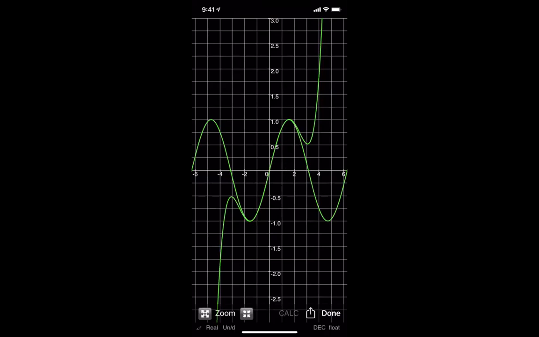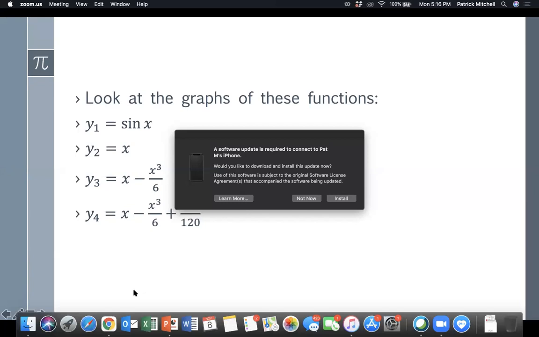So the idea is that if you keep doing that, as long as you don't mind having a higher and higher degree polynomial, you'll find a polynomial that does a really, really good job of approximating the values of Y equals sine x. All right, so switching back to the presentation.